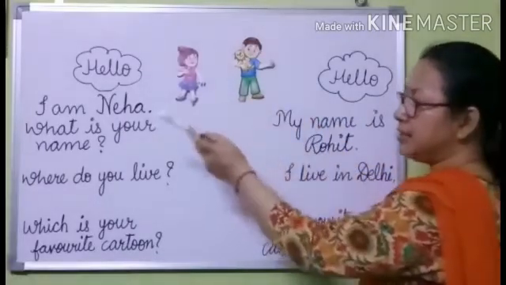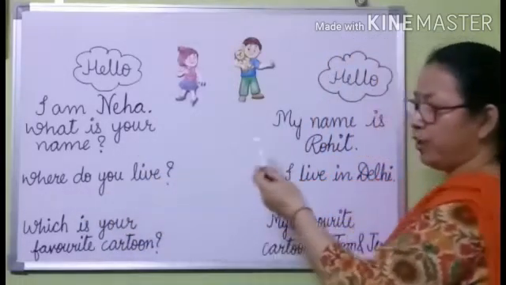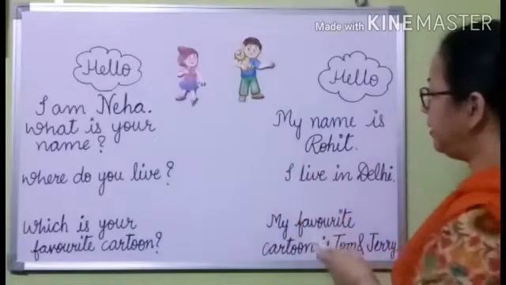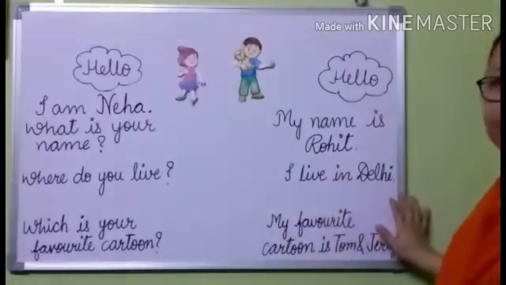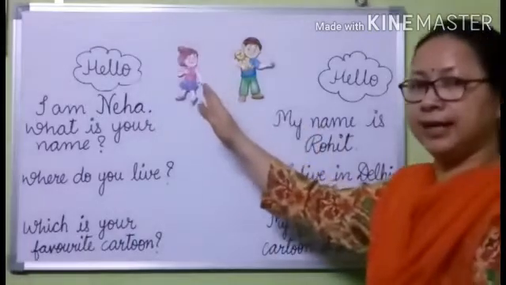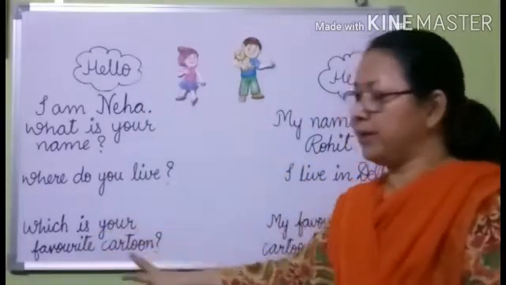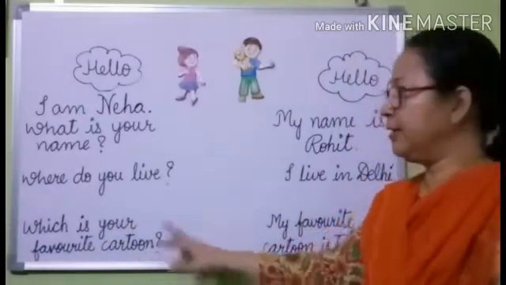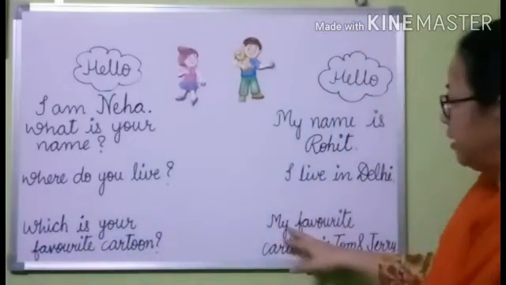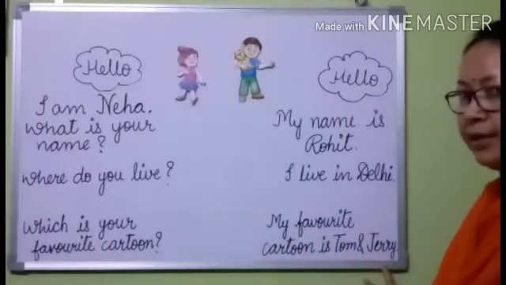Again she is asking him, "Where do you live?" The boy answering her, "I live in Delhi." Now next she again asking him, "Which is your favorite cartoon?" And the boy answering her, "My favorite cartoon is Tom and Jerry."